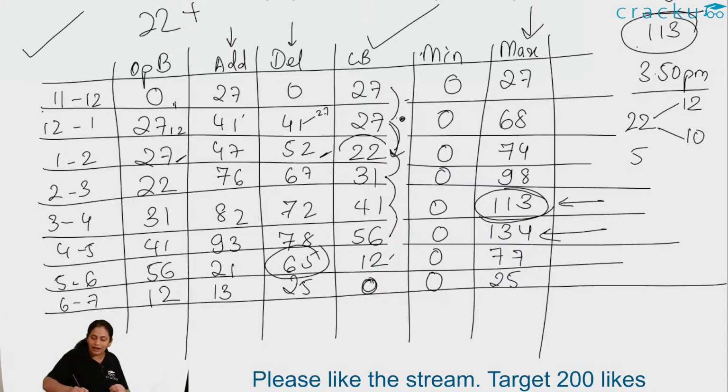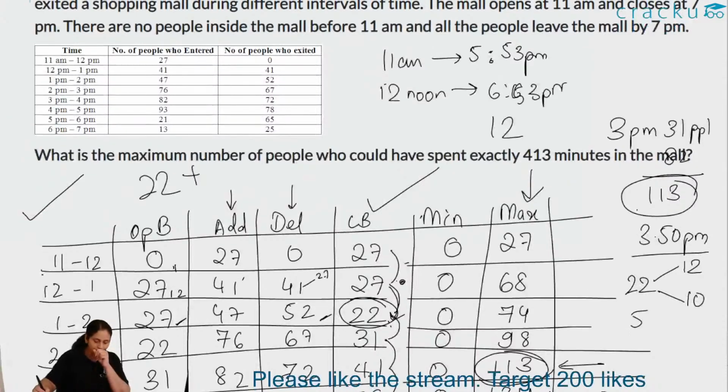So I can't get over this 22 in any way, because I have assumed all 22 are the ones who started from 11 o'clock. Because of that roadblock, I can't assume anybody who came in earlier and stayed for 413 minutes. So the max number of people who could have spent exactly 413 minutes is 22.